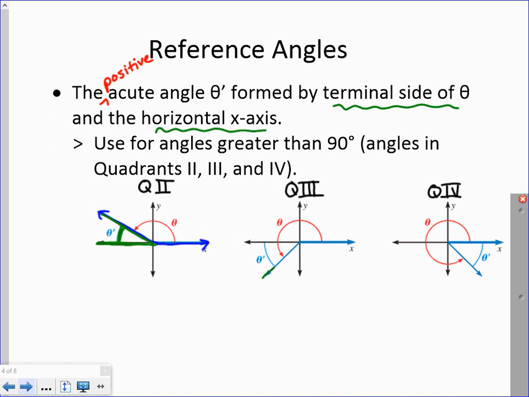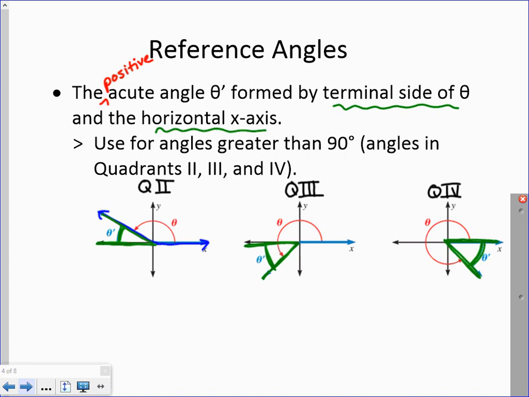We're always going from the terminal side, somewhere in quadrant 3, to the x-axis so that it's acute. So that's going to be back to the negative x-axis for quadrant 3. Okay, and there's my reference angle. In quadrant 4, I go from my terminal side now to the positive x-axis so that my reference angle will be acute.